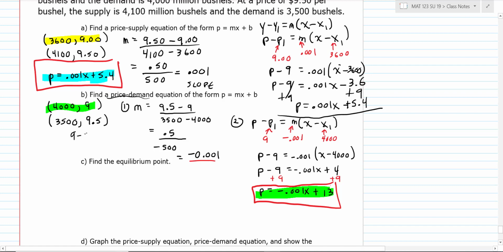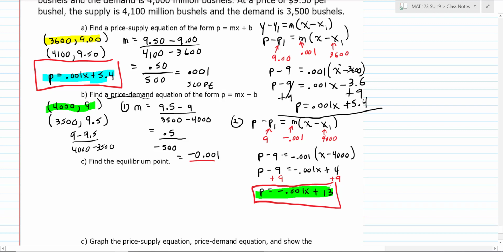If you did 9 minus 9.5, then you would do 4,000 minus 3,500, and you would get negative 0.001. Then I chose this point. It doesn't matter which point you plug in, you're going to get the same answer anyway. So I used the point slope formula, plugged in the 4,000 for x, the 9 for P1, and the slope, and then solved the equation. Okay, just check your arithmetic.